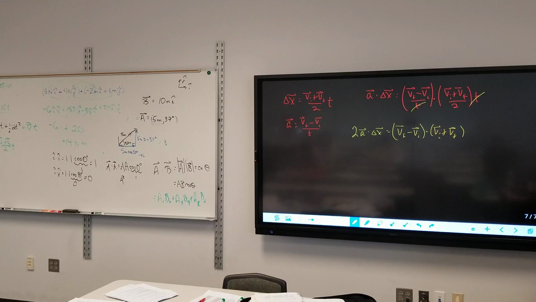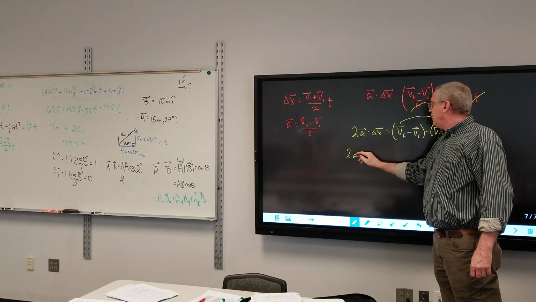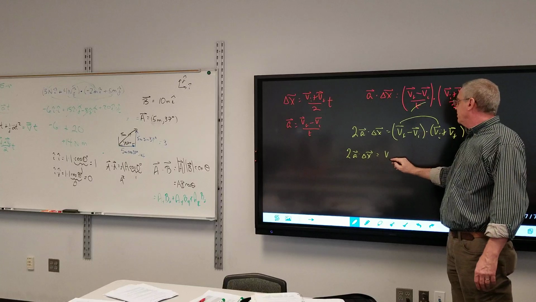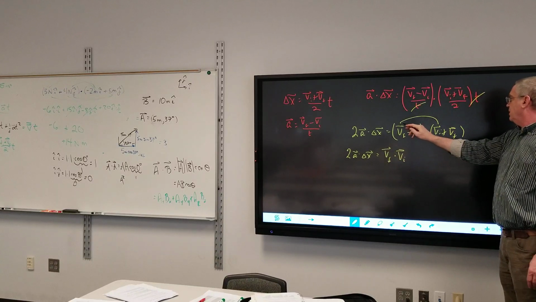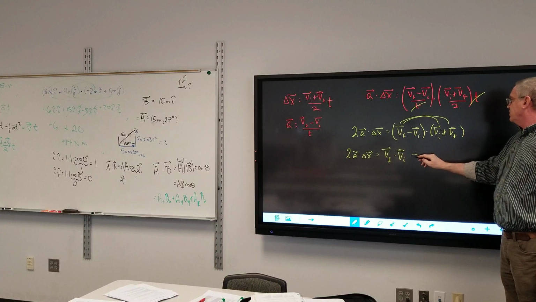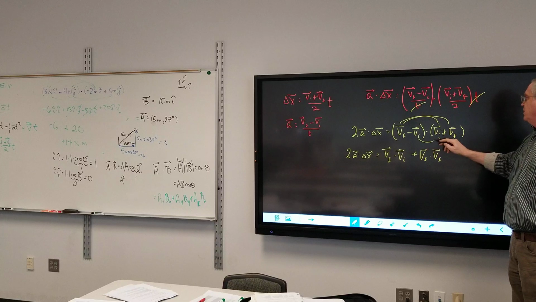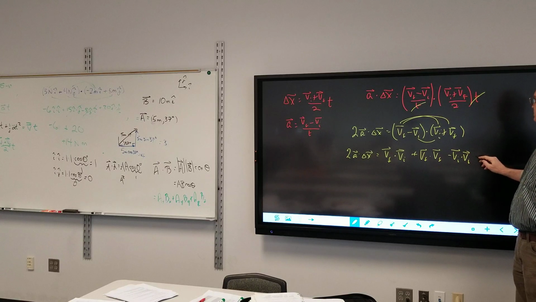I'm now going to FOIL. Multiply the first ones together. So I have 2a dot delta x, or whatever letter you're using, and then I have vf dot vi, outer, plus vf dot vf, inner, minus vi dot vi, and then last, minus vi dot vf.